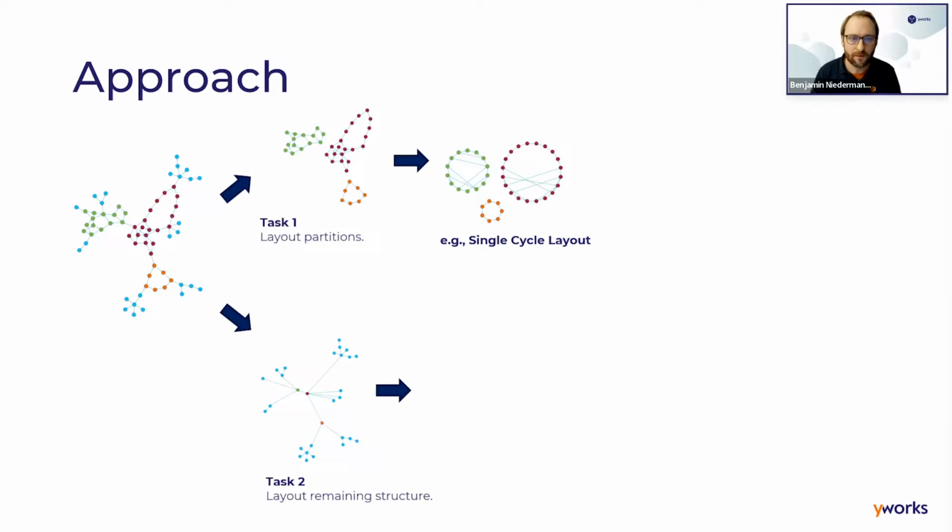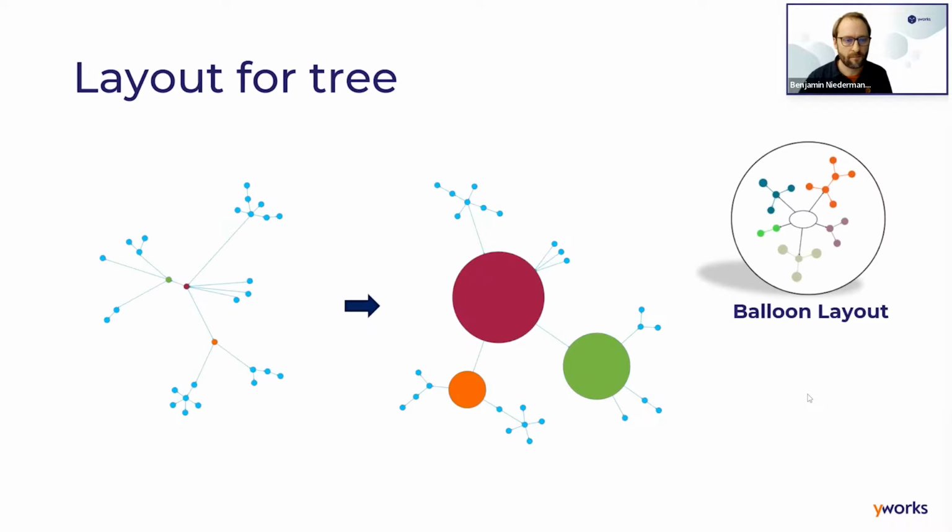So now we have the layout of these single partitions, and the next question is how can we lay out this remaining structure? And the idea is that we apply the balloon layout. The balloon layout is a layout algorithm that you can use to visualize trees.